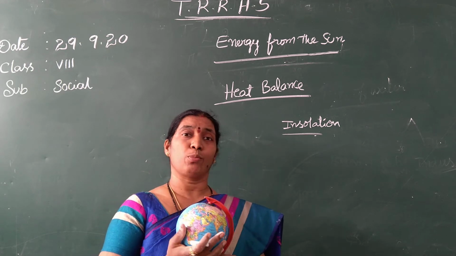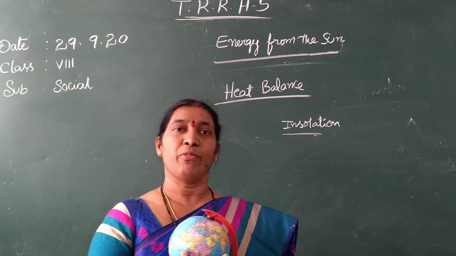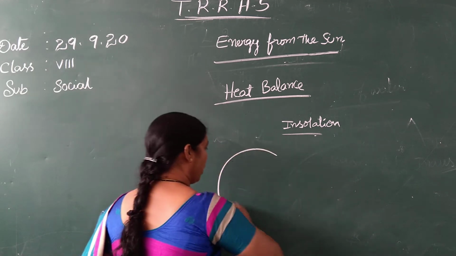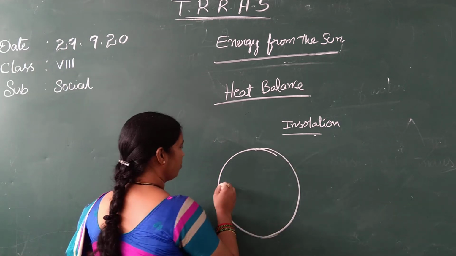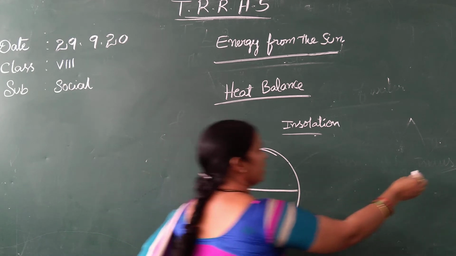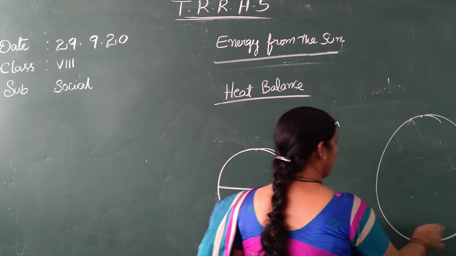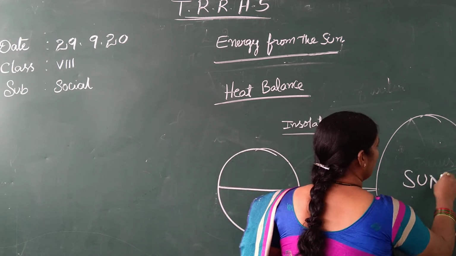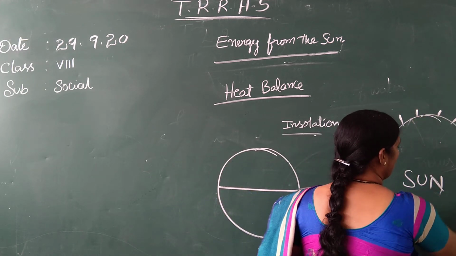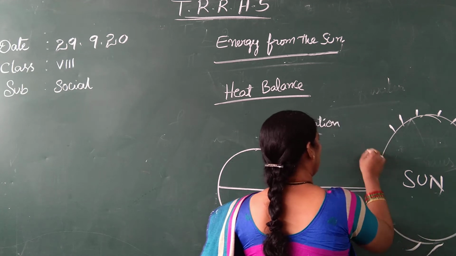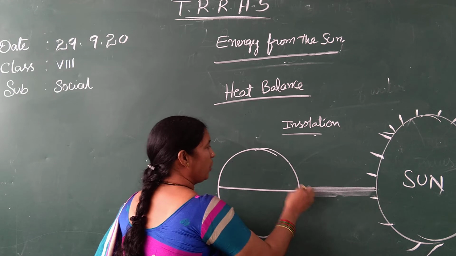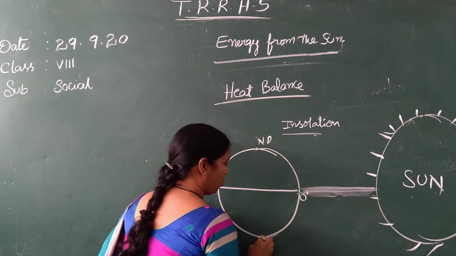So how is the earth protecting us? At the same time, we have to protect our earth, isn't it? So when the earth is like this, and the sun rays are there, see, here is the equator, 0 degrees, the north pole and the south pole.